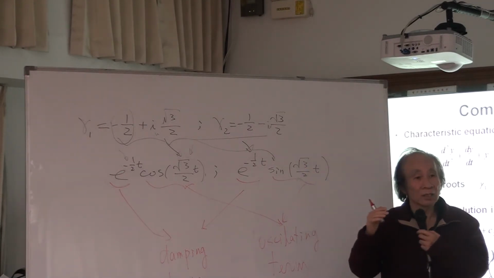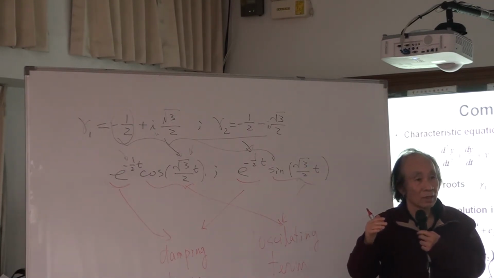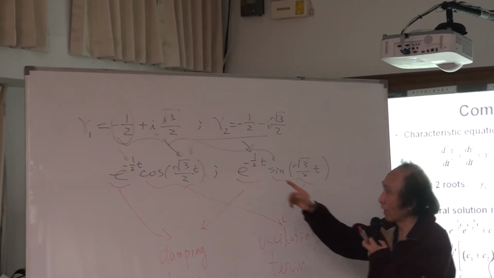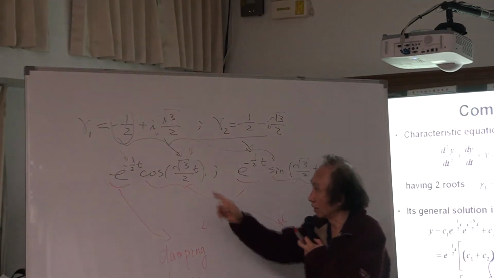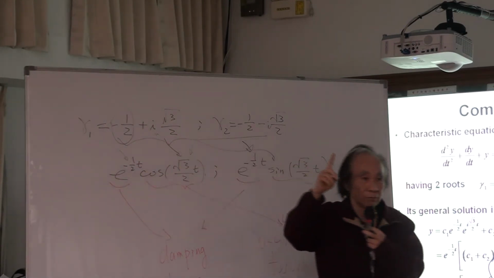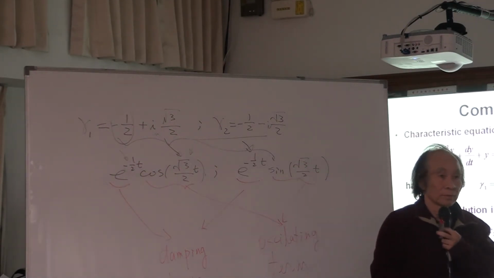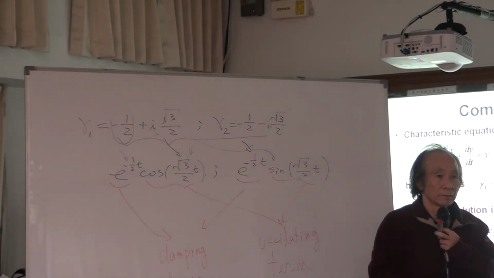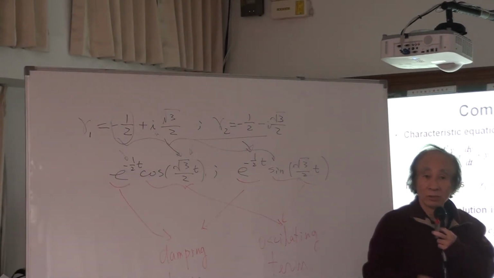So later on in the control design, if you want to have some damping, you have to make sure that you have a negative real part of your roots. For your controller design.